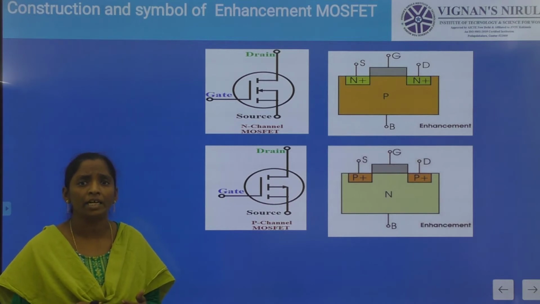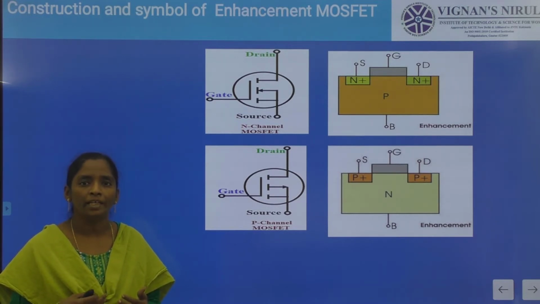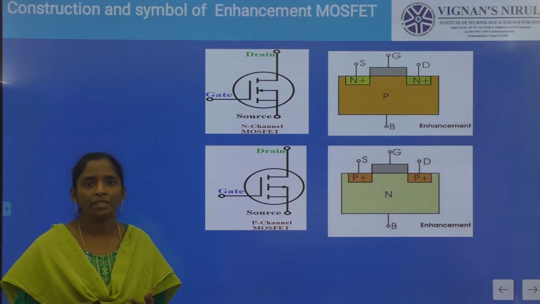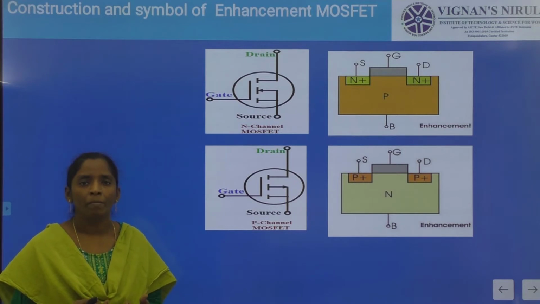In the N-channel enhancement MOSFET, the majority charge carriers are electrons, so the number of electrons will increase due to the electric field. In the P-channel enhancement MOSFET, holes are the majority charge carriers, so the number of holes will increase. This is the difference between depletion mode and enhancement mode of the MOSFET.